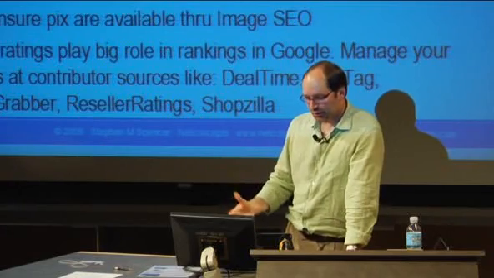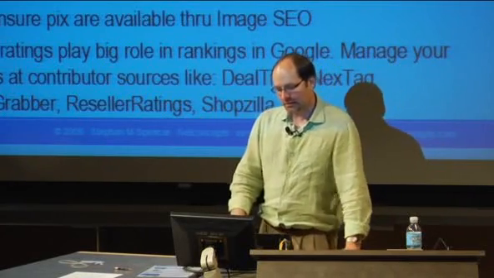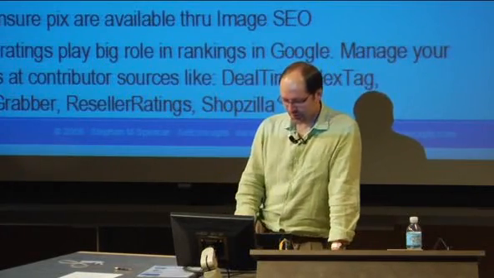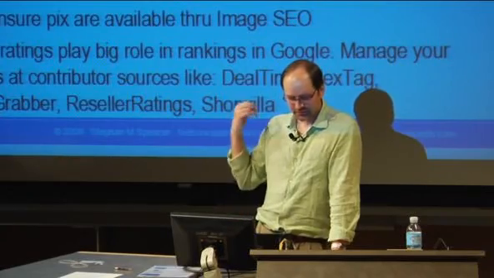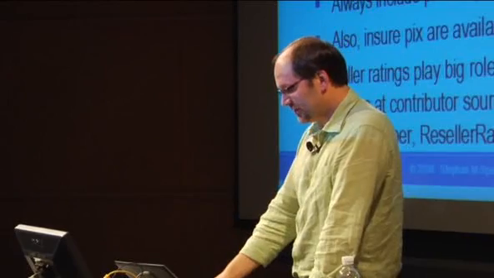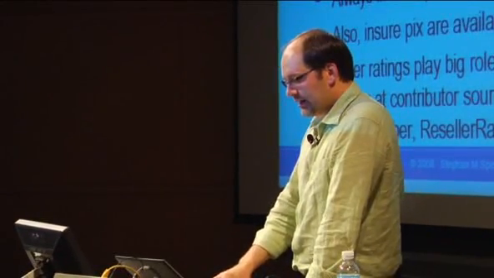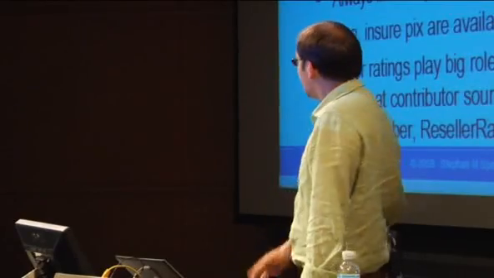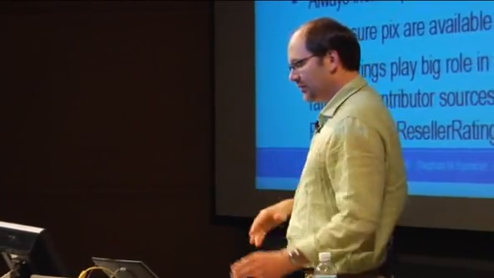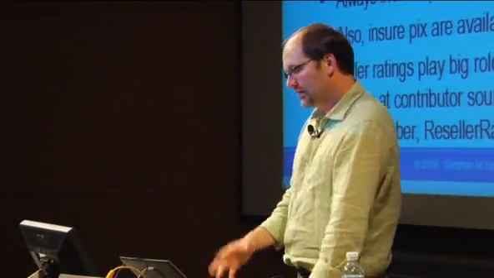Also, you want to include pictures with the product information. In fact, with Live Search, no photo equals no show. You're just not going to show up. So be sure to include your pictures. This is a great way to incorporate image search optimization with your product search optimization. We'll get into more image SEO in a little bit.